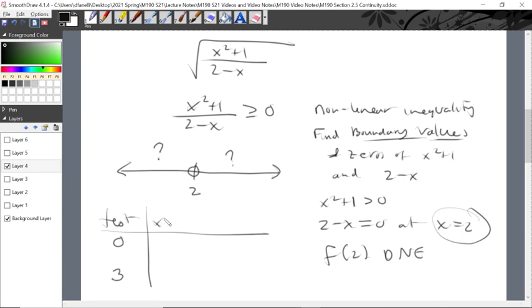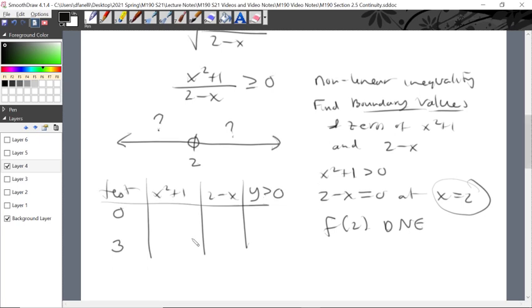We can plug it into x squared plus 1, the numerator, and into 2 minus x, the denominator. Then the ratio of the two, let's call that y, and see if it is going to be greater than 0. We know it's not going to equal 0, since we already checked that. We want to see if it's going to be greater than 0.